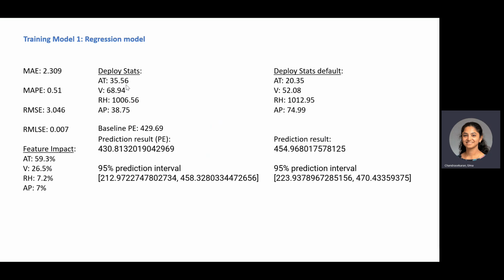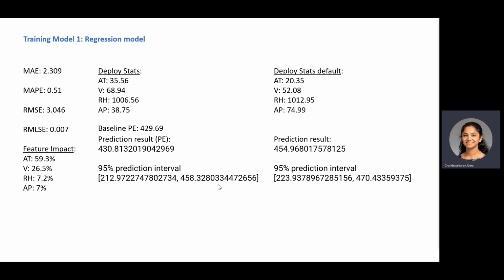Then I used a value within the data set to test my model. The actual output was 429.69. The model predicted something very close, around 430, with an error of around 1 megawatt. The 95% confidence interval was around 200 to 458.